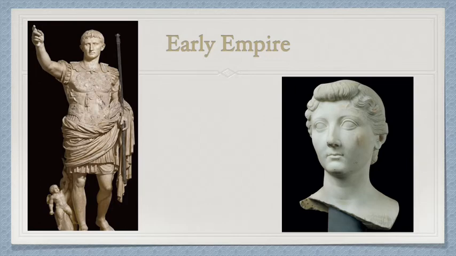So we'll start with Augustus Caesar and the Julio-Claudians. Augustus was actually not yet 32 when he became the leader. After his death, Julius Caesar was declared a god, and Augustus never claimed himself to be a god, but he would claim he was the son of a god.